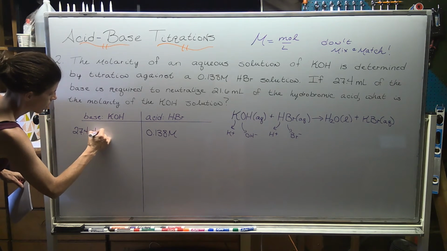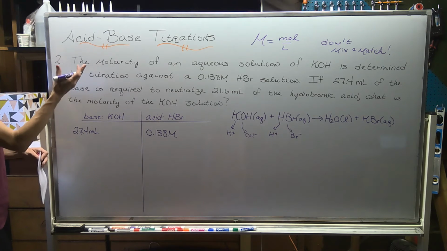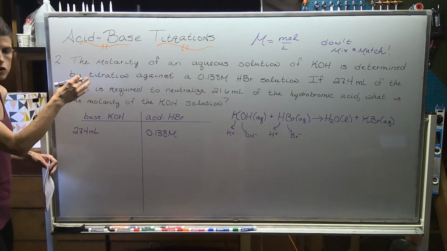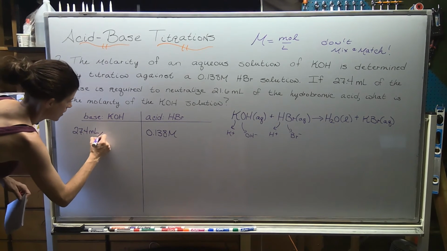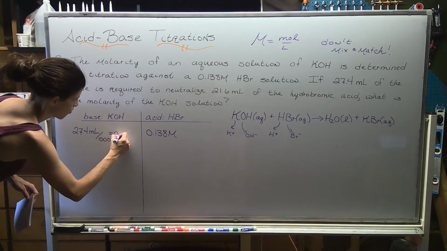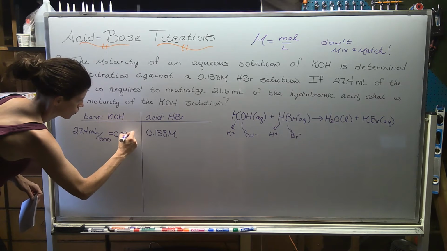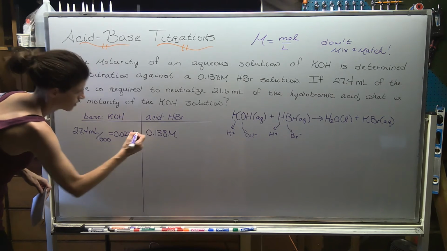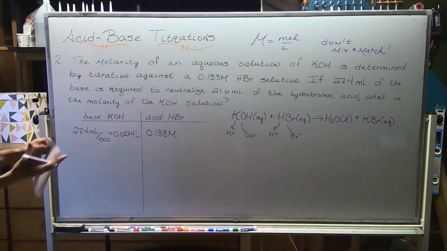So I'm going to put that piece of information over here. And because eventually we're going to be using the molarity equals moles over liters equation, let me just go ahead and divide this by 1,000. I'm going to get 0.0274 liters. And then that volume's set to go already.